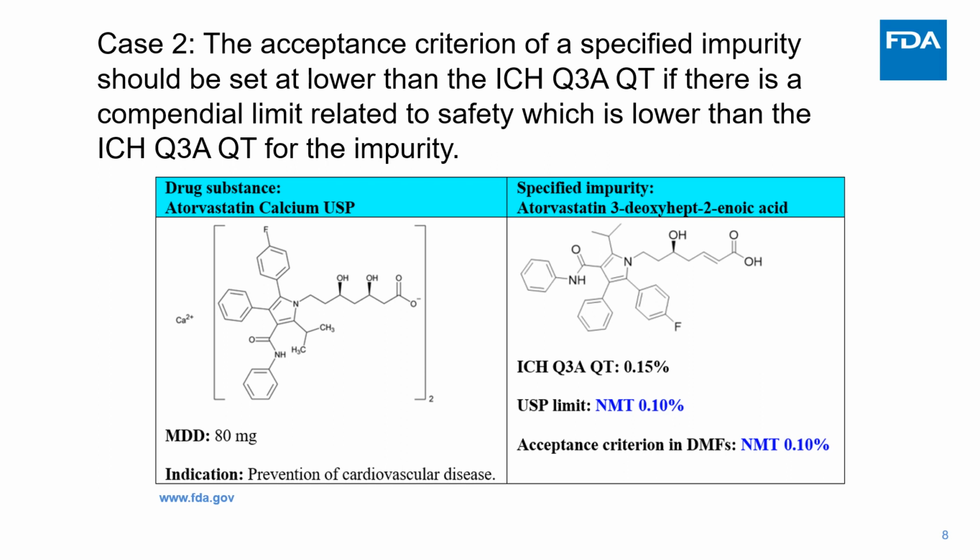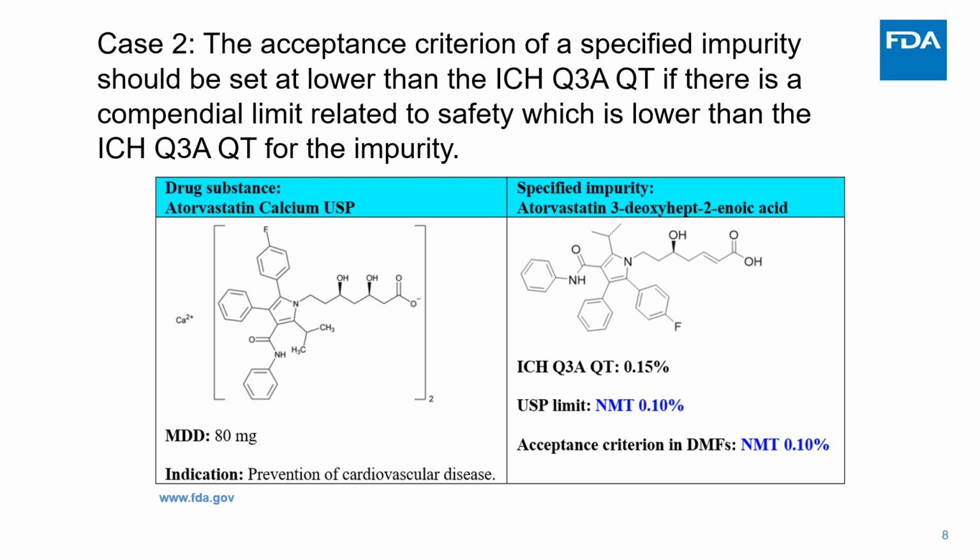For example, for the drug substance atorvastatin, which is used for producing the popular cholesterol-lowering drug Lipitor, the USP specified impurity atorvastatin 3-deoxyheptatenoic acid has a USP limit of 0.10%.